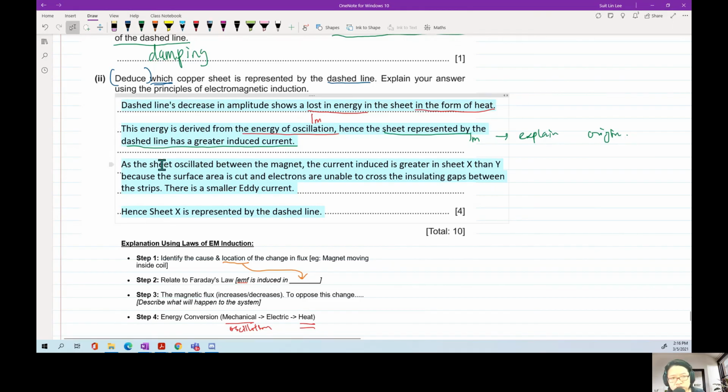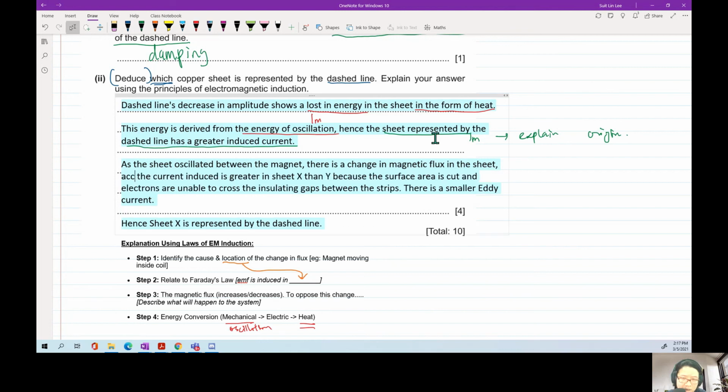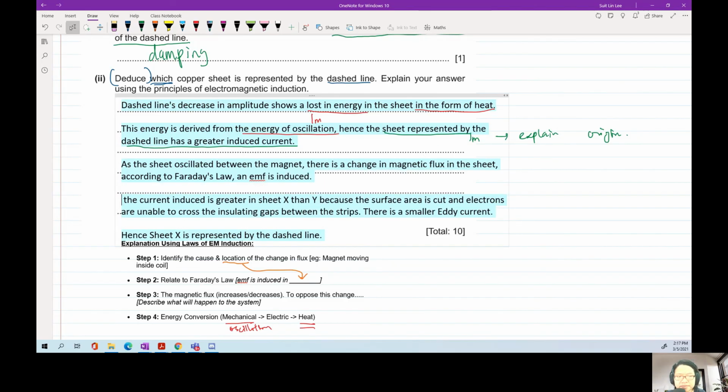Okay, so as the sheet oscillates between the magnets, talk about there is a change in magnetic flux linkage, or magnetic flux, according to Faraday's law, and EMF is induced, or a current is induced.